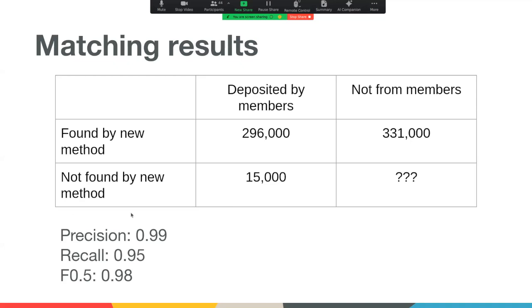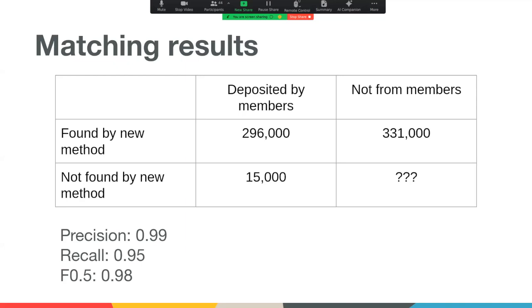So briefly, here are the results that we've found so far. We've managed to find 296,000 matches between preprints and research articles that were already in the database. So the new method was able to detect the majority of these. There were about 15,000 known relationships that we didn't manage to recover. No method is going to be perfect, and we think this is a pretty good number.